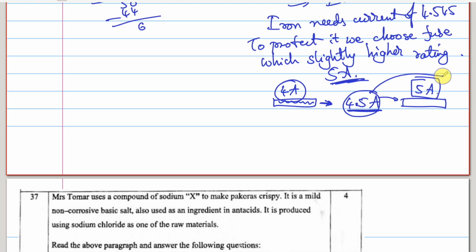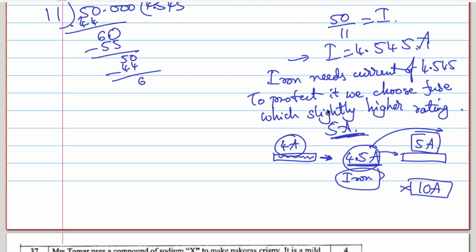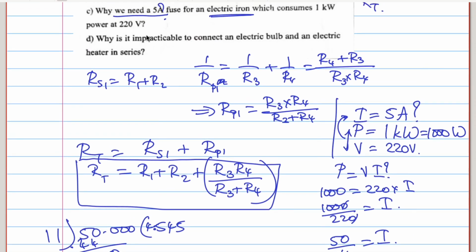But if it exceeds by too much, if we use say for example a 10 ampere fuse, then the fuse won't melt. If the fuse doesn't melt, more current will flow through the iron and the iron will get damaged. So we try to use a fuse which has a rating closer to the amount of current being drawn by the device, but it should be slightly more than it.